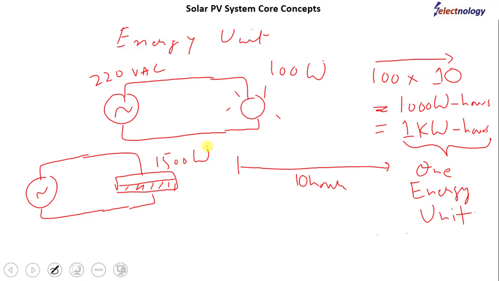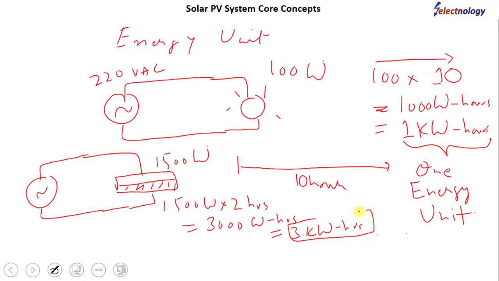Now if this air conditioner runs for 2 hours, 1500 watts into 2 hours becomes 3000 watt hours, which is 3 kilowatt hours. So this 3 kilowatt hours is basically 3 energy units. So 1 kilowatt hour is 1 energy unit.